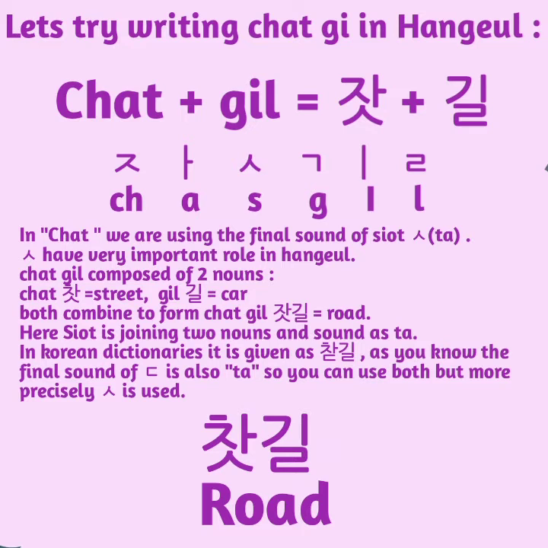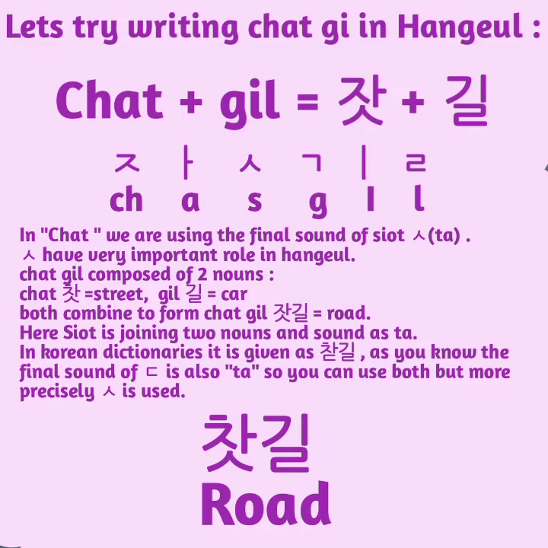Here you're seeing that we are using the final sound of Siot, which is T. So it's Chat, and the next block is composed of Kiyok, E and Riot. So it is Gil, Chat, Gil. This is an interesting example. In Chat, we are using the final sound of Siot. S has a very important role in Hangul.